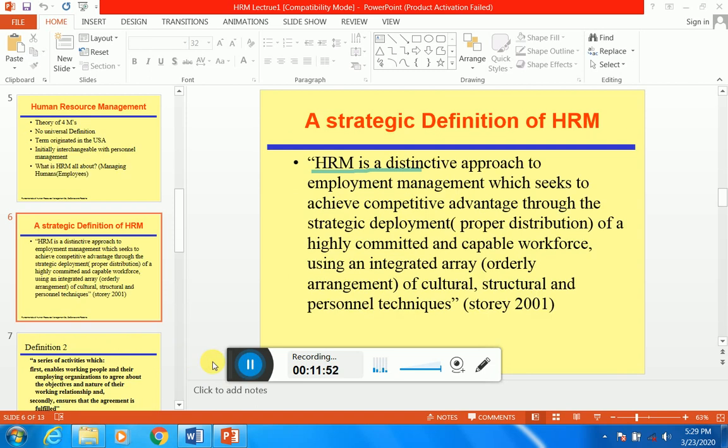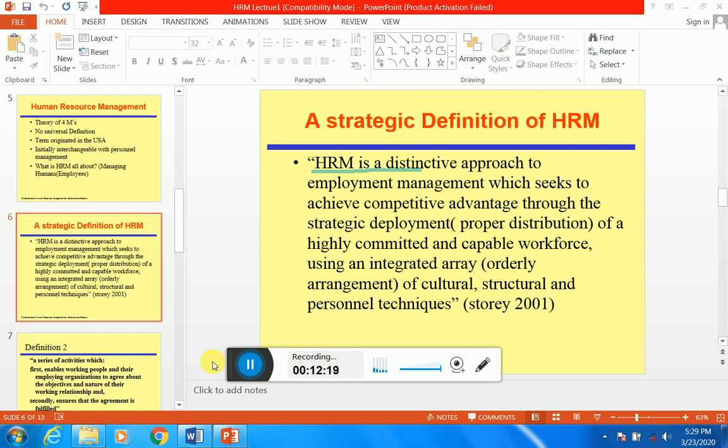Let's start with a few definitions of human resource management. There are various universal definitions. The first definition, from the strategic point of view, is that human resource management is a distinctive approach, a different strategy to employment management which seeks to achieve competitive advantage.